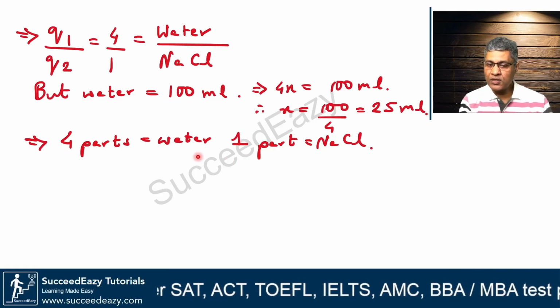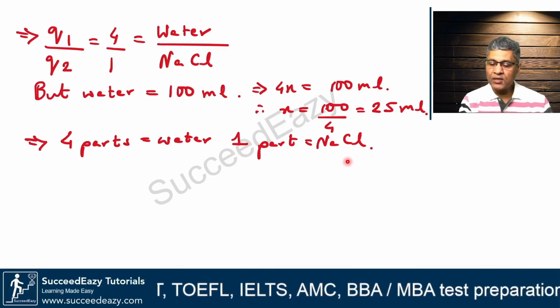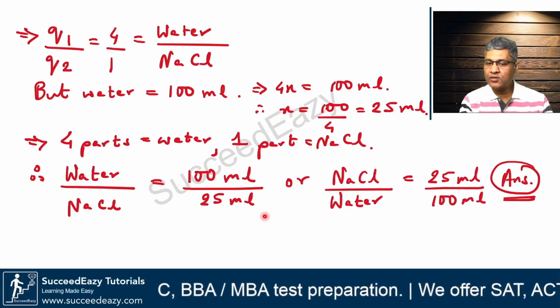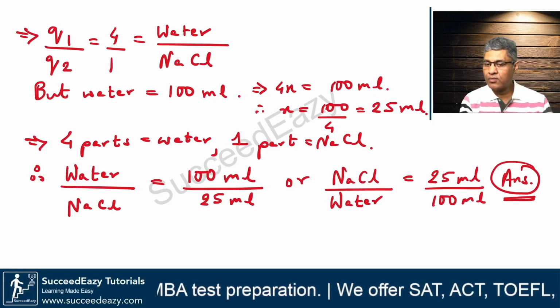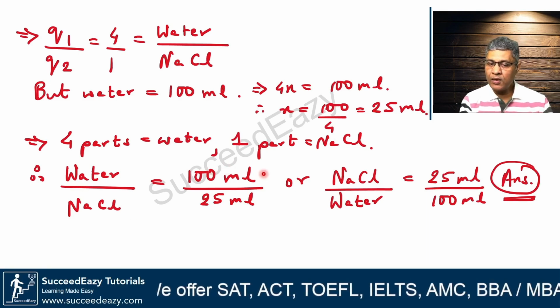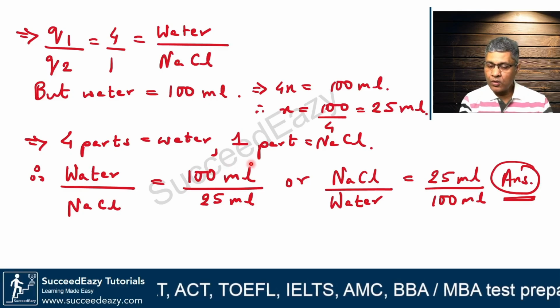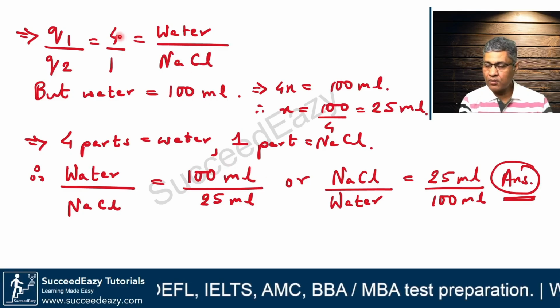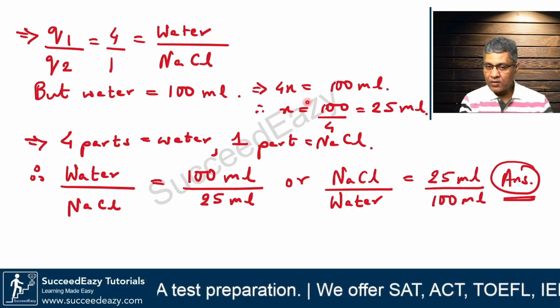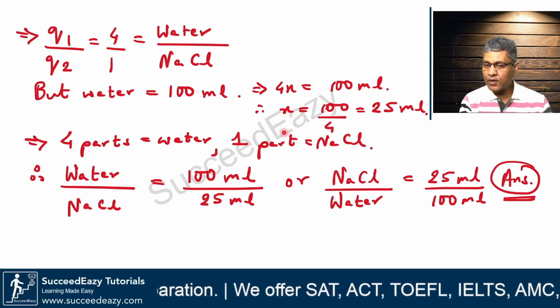If 4 parts is water, 1 part is NaCl. That means NaCl is going to be how much? 25 milliliters. We already know this one part, right? So water over NaCl will be equal to 100 ml over 25 ml. Look, 100 ml is 4 parts, it is coming from here. And 25 ml is 1 part, it is coming from here. Here we just found what that 1 part is equal to.